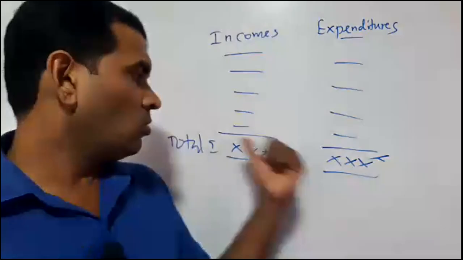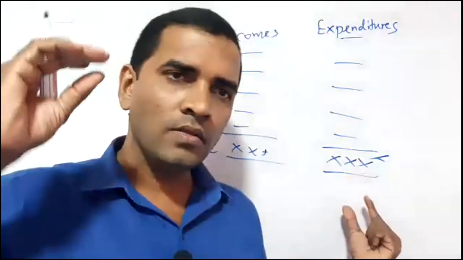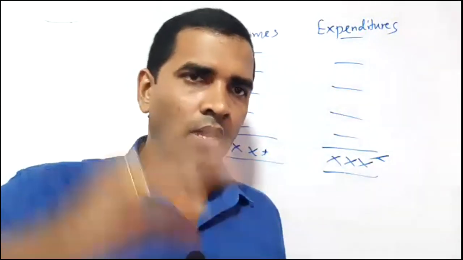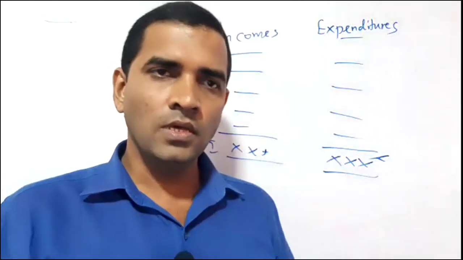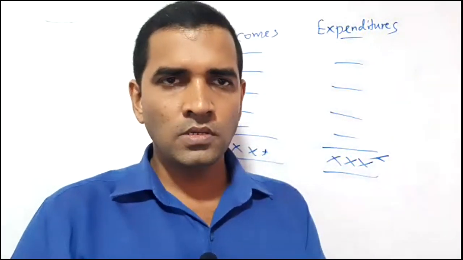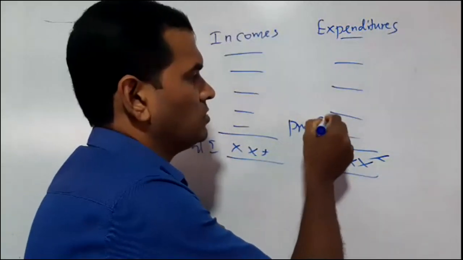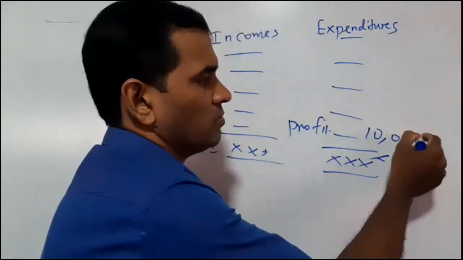So if the total income is larger than the total expenditure, it is profit, right? Assume the profit is 10,000 or something.